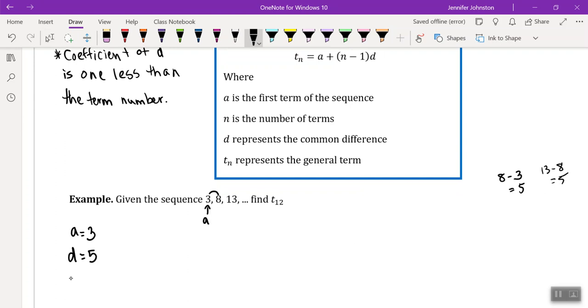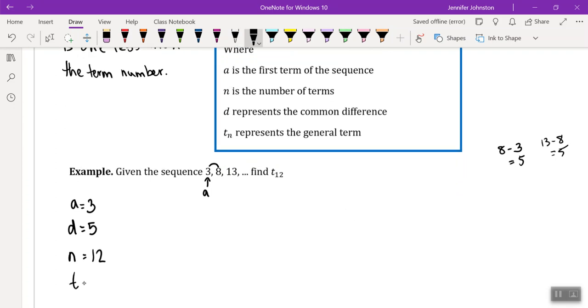Next, we need to figure out what we want. And what we want here is n to be 12. We want to find the 12th term. So that means n is 12, and we're trying to find T at 12. T at n is equal to our formula, A plus n minus 1 times d. Let's sub everything in. So n is 12, in the lowercase subscript as well as the uppercase 12 right here.